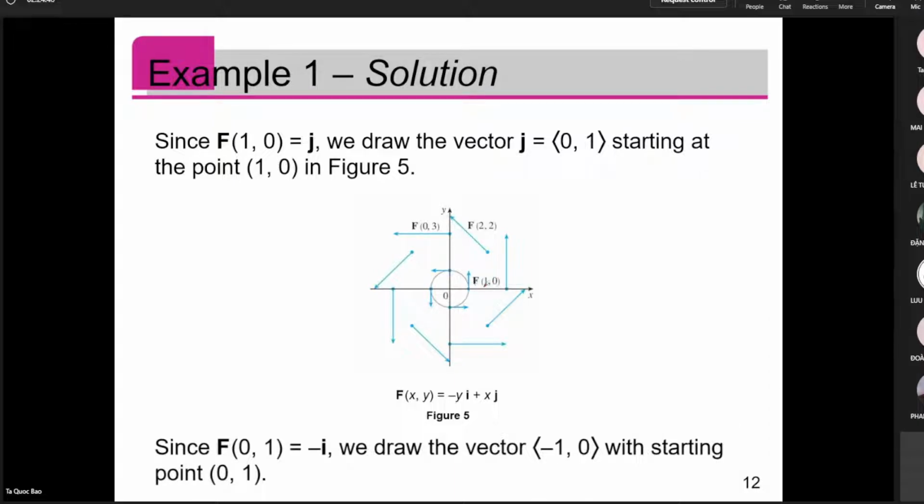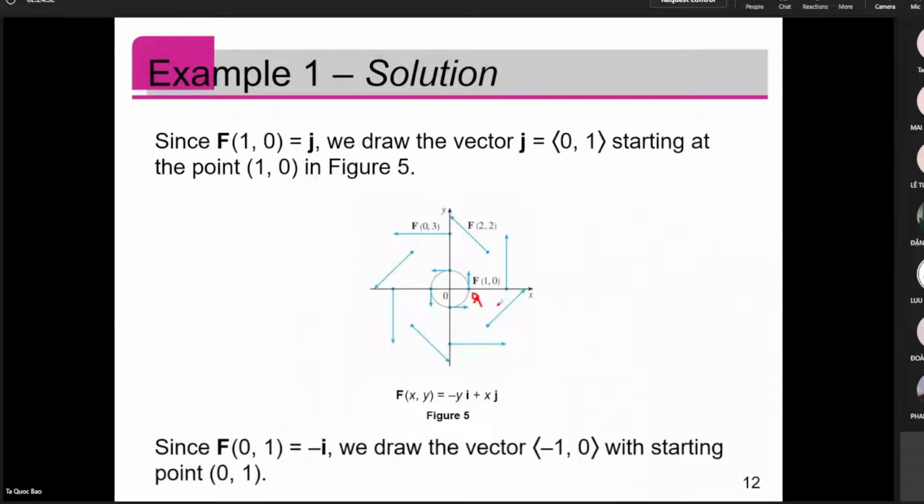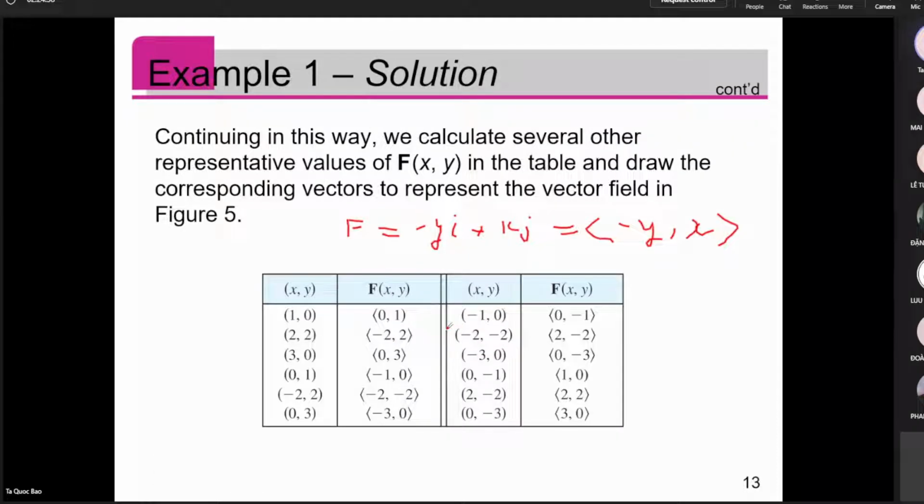Now look here. F at the point (1, 0) is here.